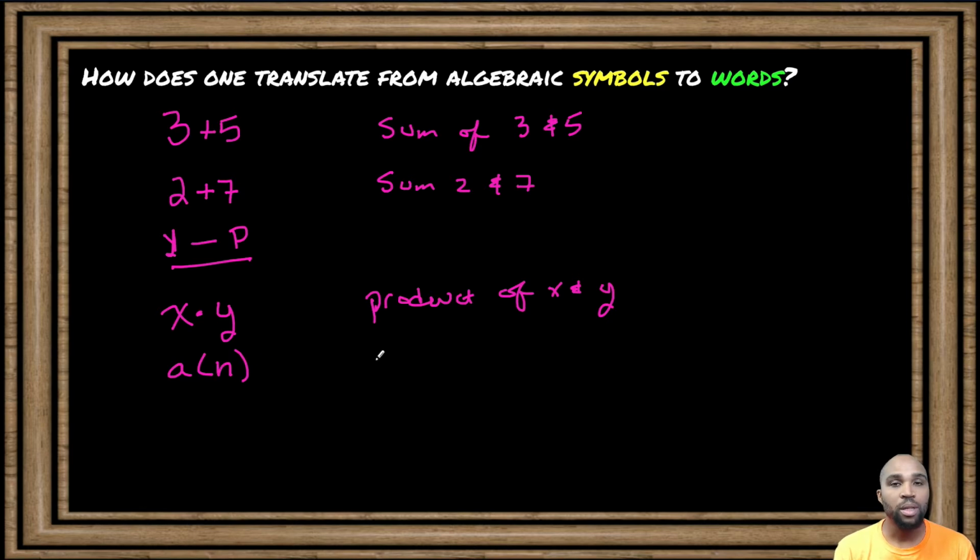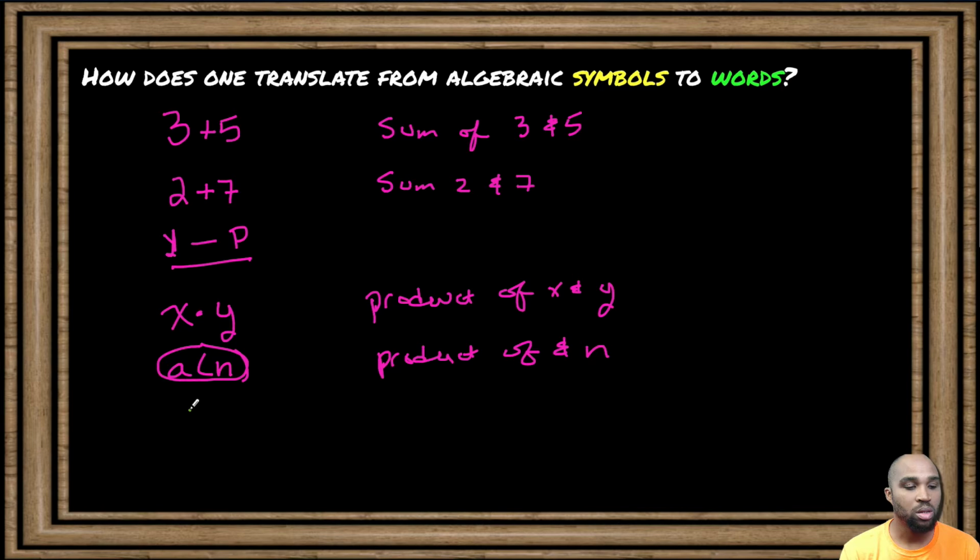This would be commonly understood to say the product of A and N, or simply A times N. Now, I probably shouldn't have used this particular couple, because later on in math that'll have a different understanding. But for right now, that's multiplication. We can talk about a series, geometric or arithmetic series. But let's do one more, last one that we talked about, and that is, let's try this one.